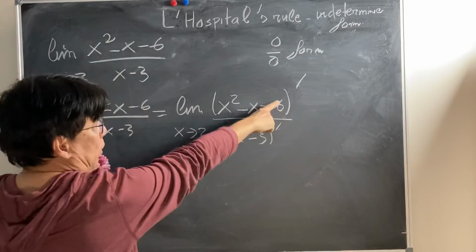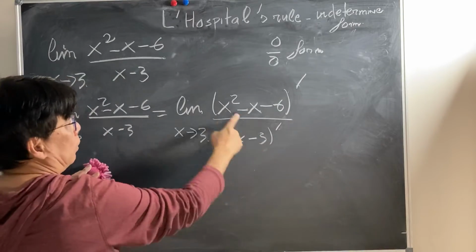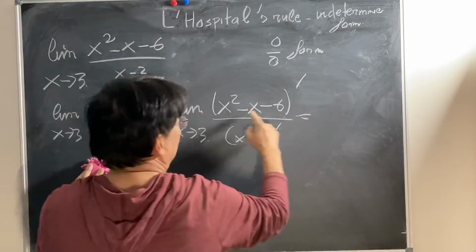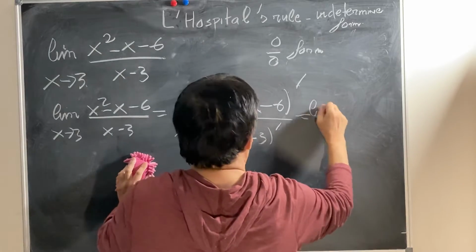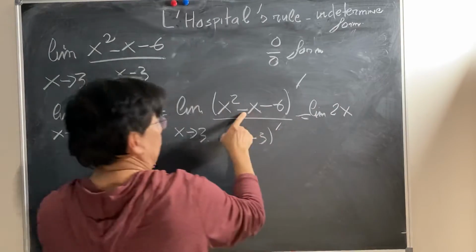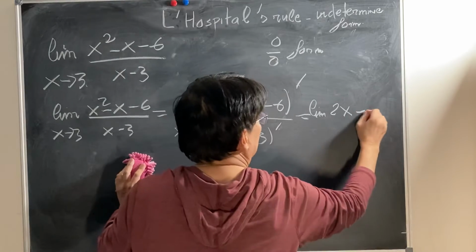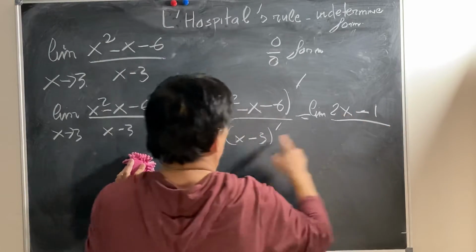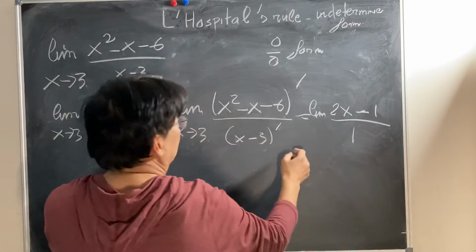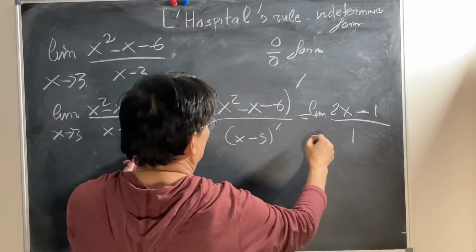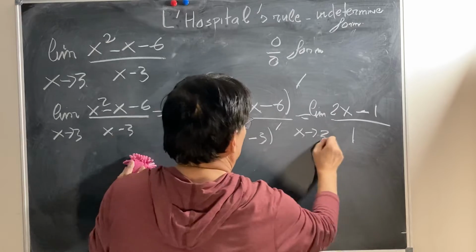Take the derivative at the top and the derivative at the bottom. The derivative of x squared minus x minus 6 is easy, right? It's 2x minus 1, and the derivative of x minus 3 is 1.